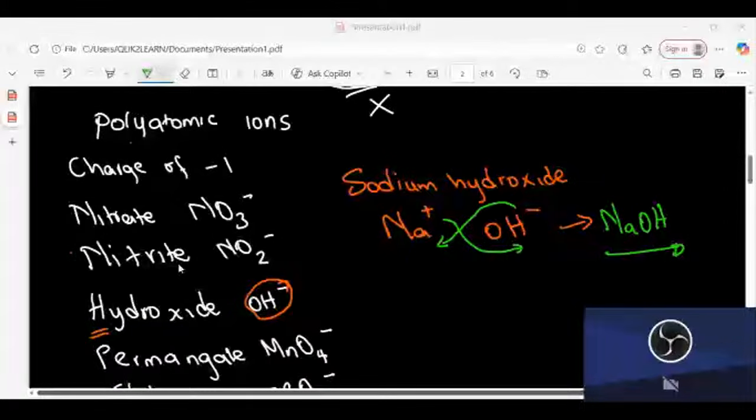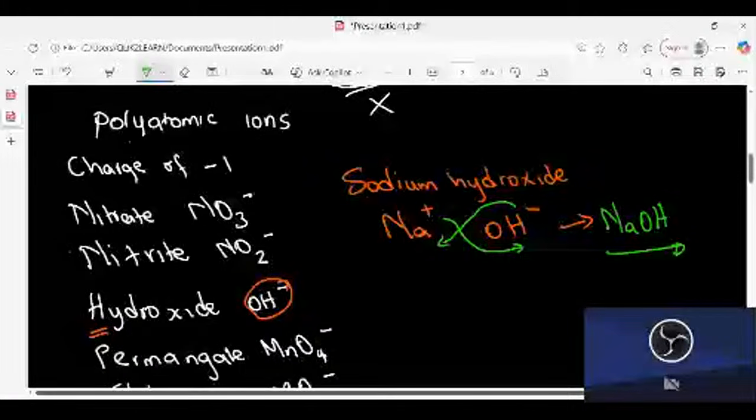Now that you understand all these things, let us work with the mole concept. So we're going to discuss the mole concept, and I'm going to need you guys to pay attention.